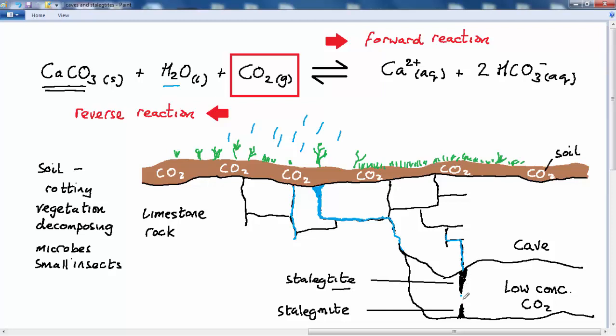Okay, these are forming because this all-important reversible reaction is being driven in the reverse direction inside the cave, where the concentration of carbon dioxide is very low.